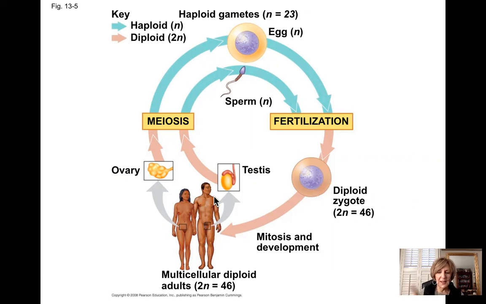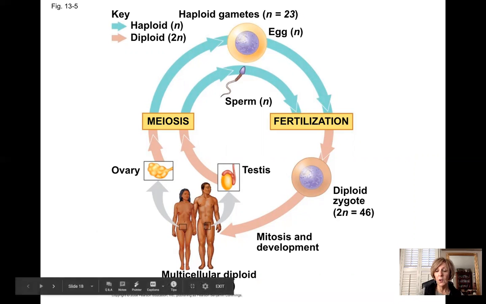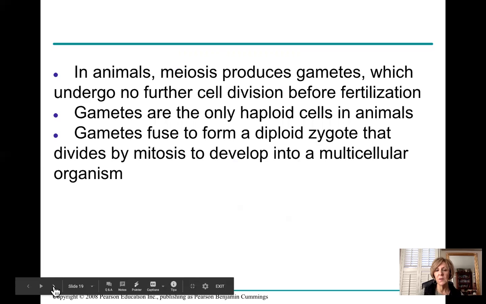But at different places in male and female development, we're going to have meiosis occurring just in our gonads, just in the testes or just in the ovaries. And in meiosis, some special cells that start out as 2N end up being in the N condition when the gamete is fully formed. And so we have haploid gametes, egg and sperm, that are produced. Those then fertilize an egg in sexual reproduction, and we start the cycle over.